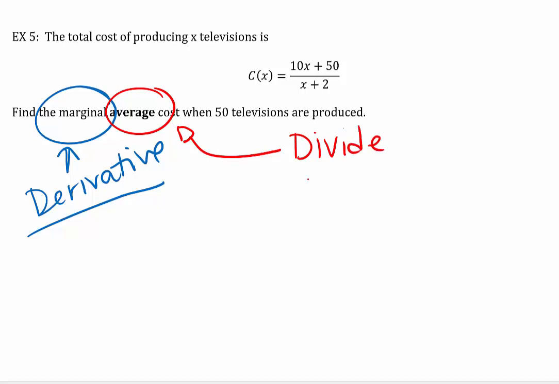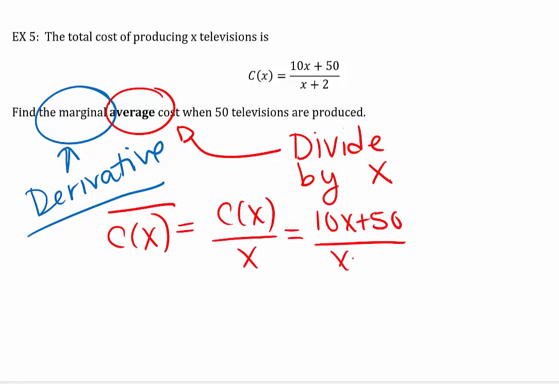To find an average, you always divide by the number of items, or in this case, you divide by x. So the average cost here, which our book denotes as C bar, is going to be C divided by x. Or in other words, we take this cost function and then we divide it by x.